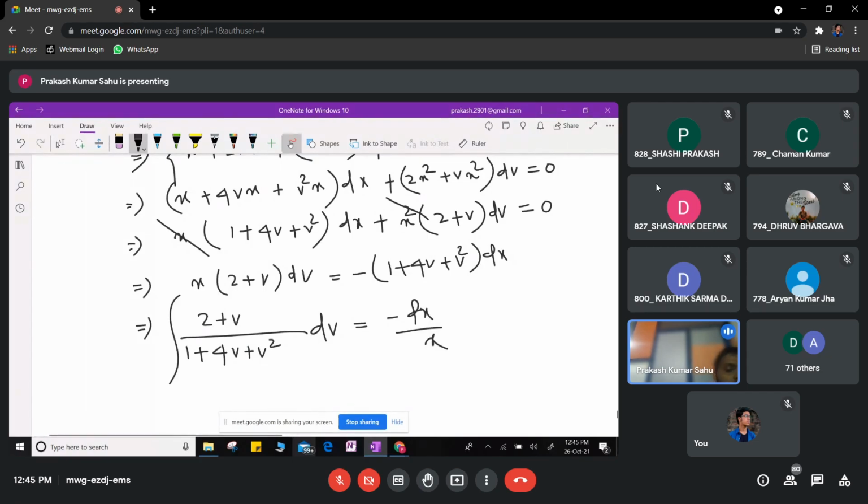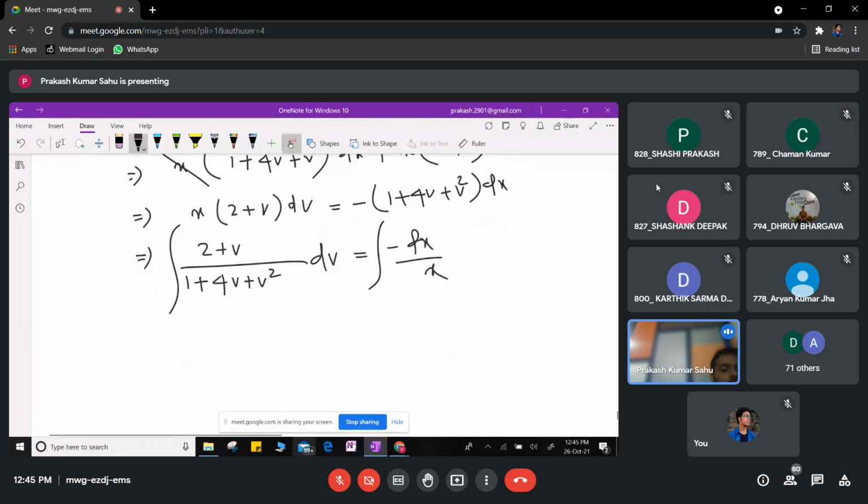So now we integrate both sides. What will be the integration?